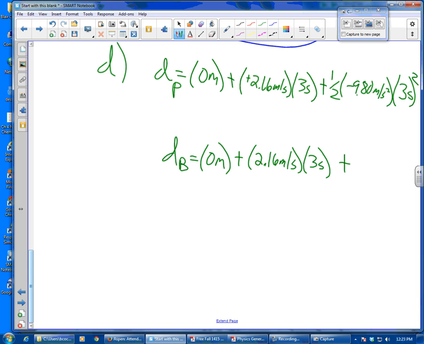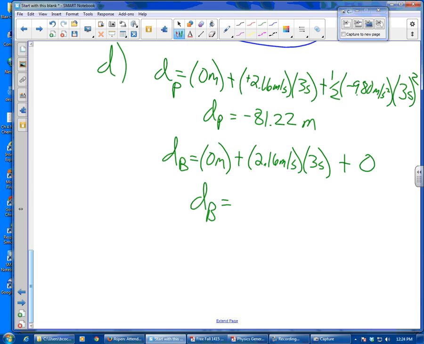It's not accelerating, so that's all 0. For the phone, 2.16 times 3 plus 0.5 times negative 9.8 times 9. I get that my phone is at negative 81.22 meters. That's the position of my phone.